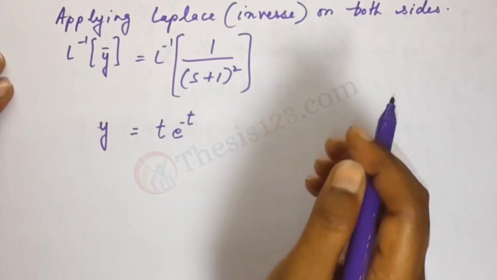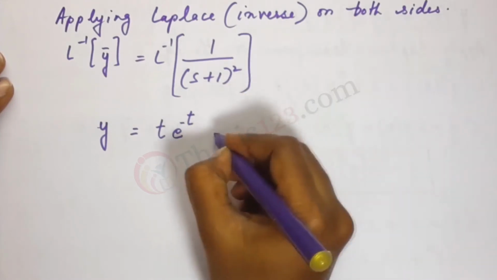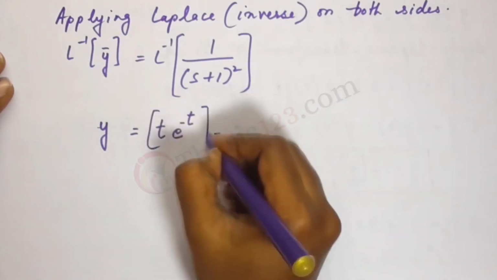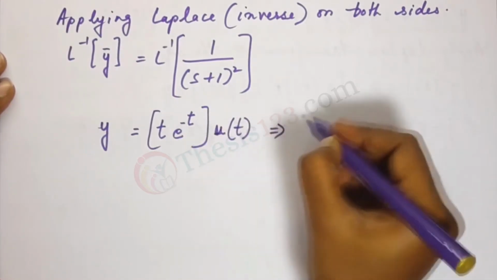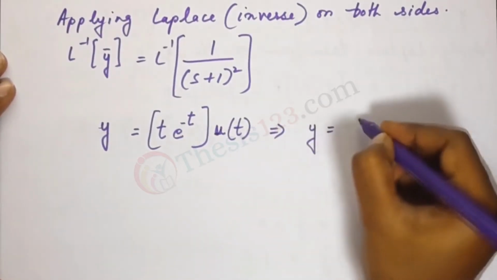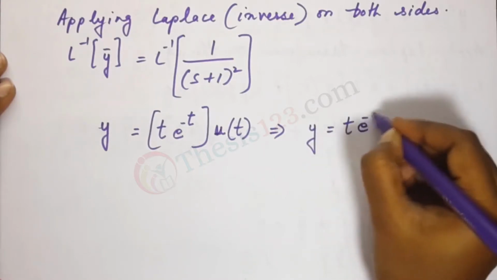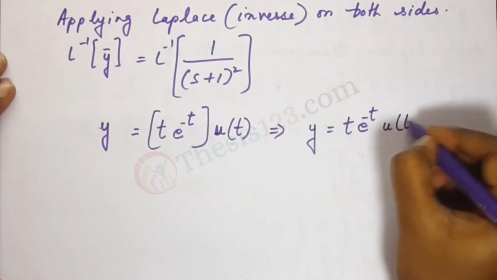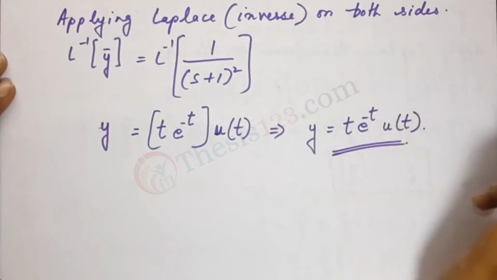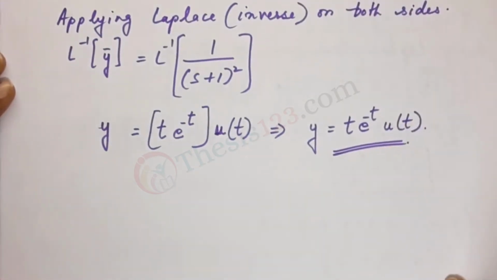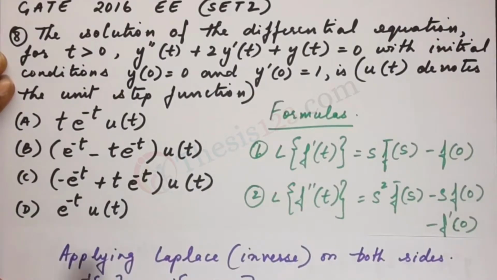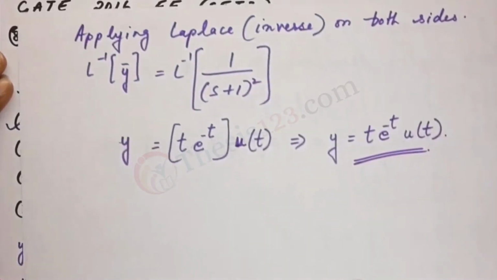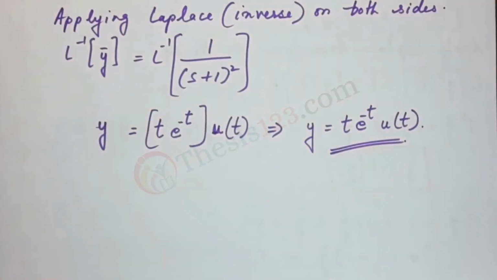Because the question talks about the unit step function, we would multiply this with u of t. So this gives us the final answer of y is equal to t e power minus t u of t. This is the final answer, and let's take a look at which option it matches with. It matches with A. So A is the right answer here. I hope this has helped.